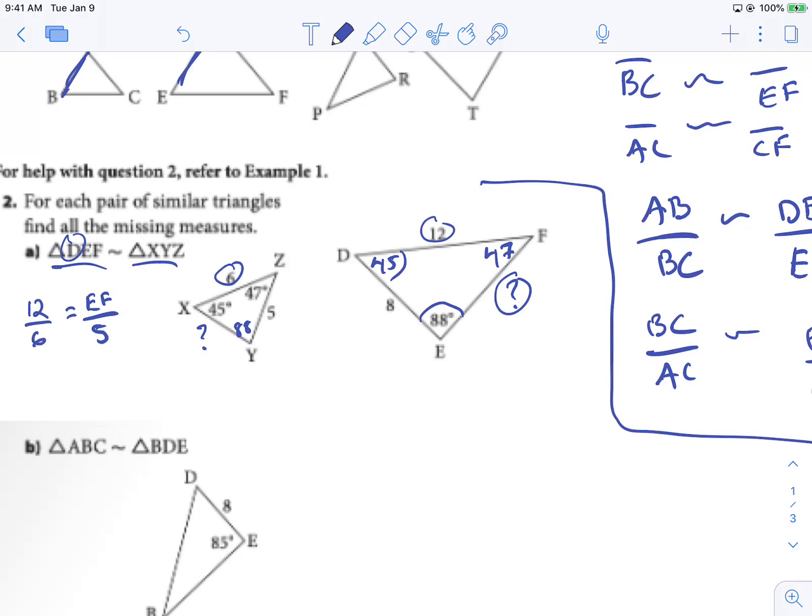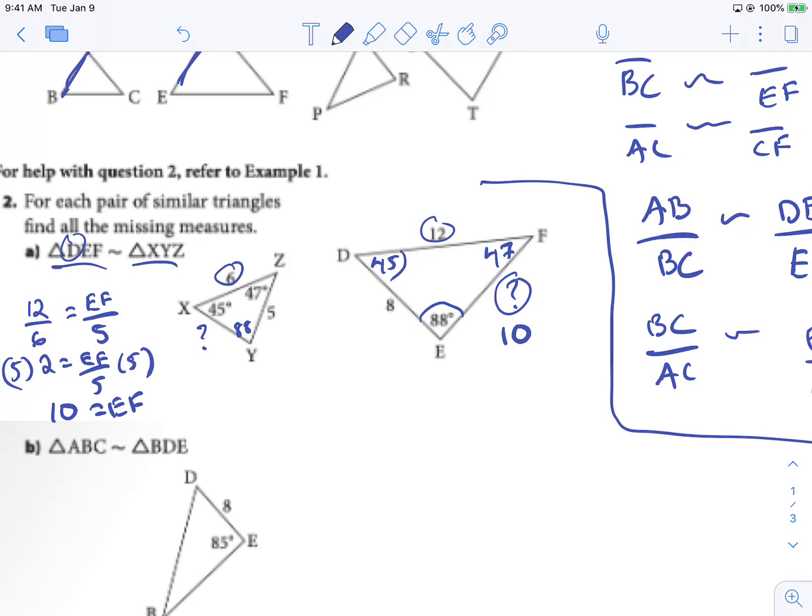So 12 divided by 6 is 2, equals EF over 5. Multiply both sides by 5, which means 10 is equal to EF. So this triangle is actually twice as big. Look, 6 times 2 is 12, 5 times 2 is 10. What times 2 is 8? Well, we know this is going to be 4, but let's prove it to ourselves.